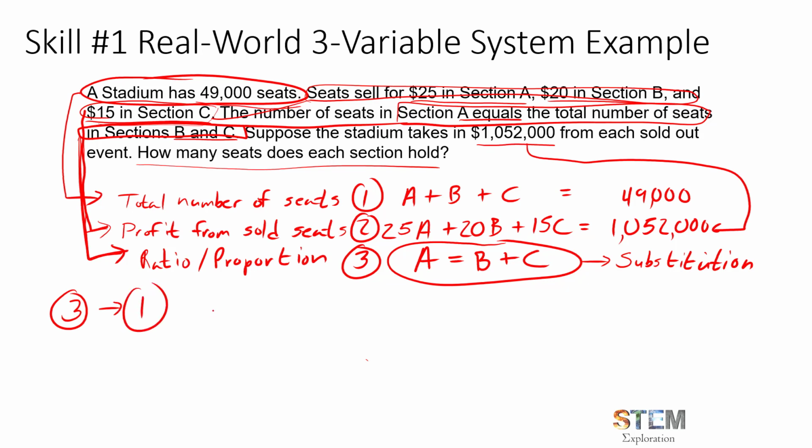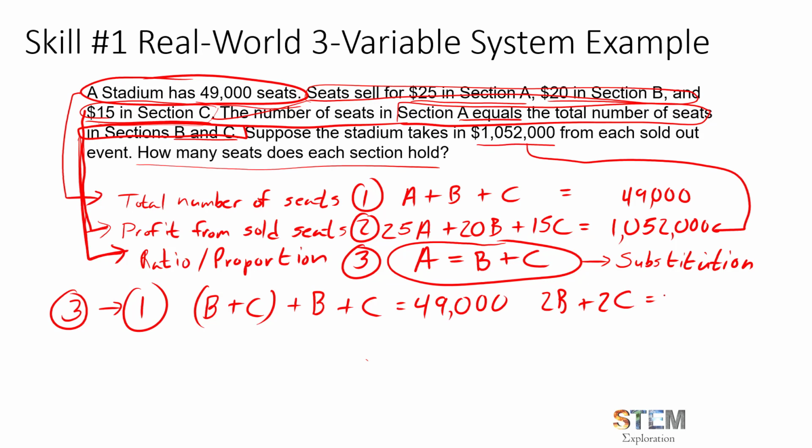What that'll give me is B plus C plus B plus C is equal to 49,000, and then we could substitute that in and say 2B plus 2C is equal to 49,000, and then easily find that B plus C is equal to 24,500.